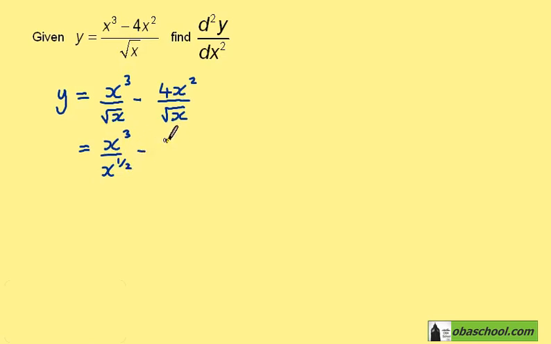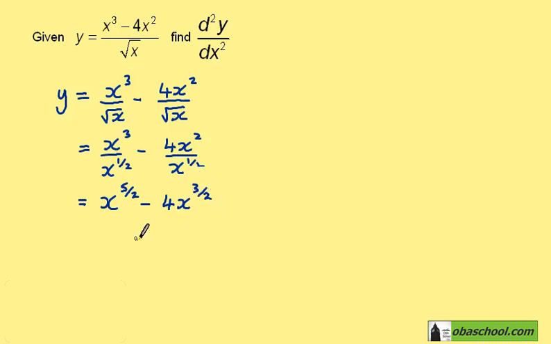So the second term is 4x squared over x to the half. When dividing, we subtract indices. 3 take away a half is 2.5, or as a top-heavy fraction, 5/2. Doing the same with this term, 2 take away a half is 1.5, or 3/2.